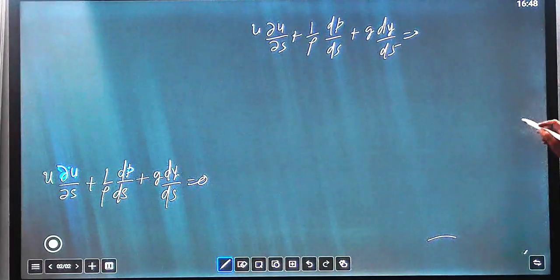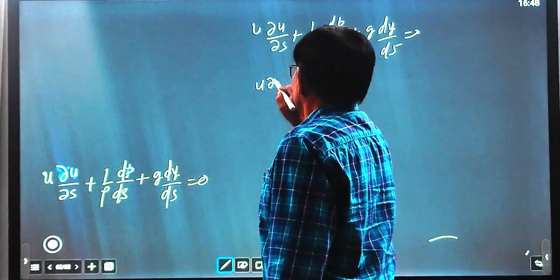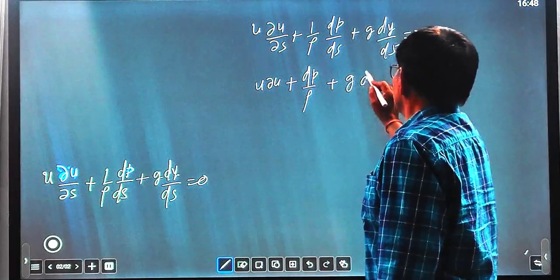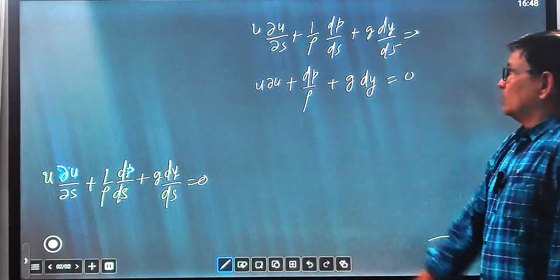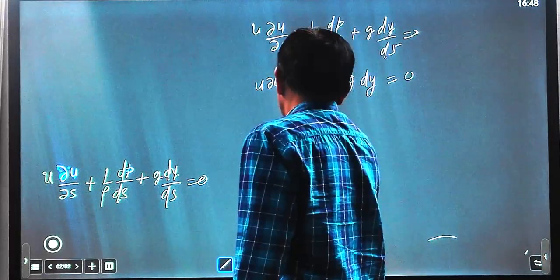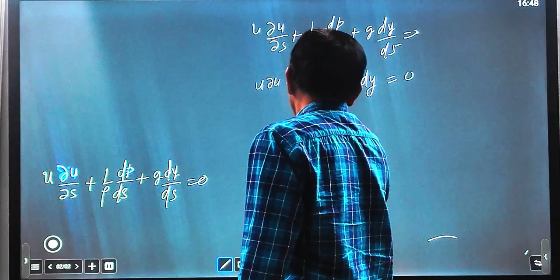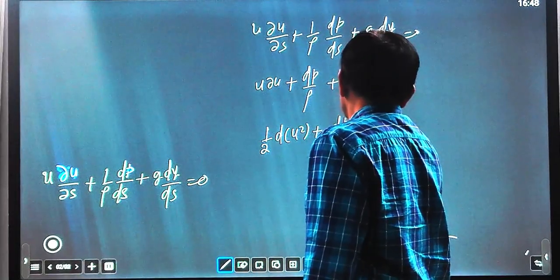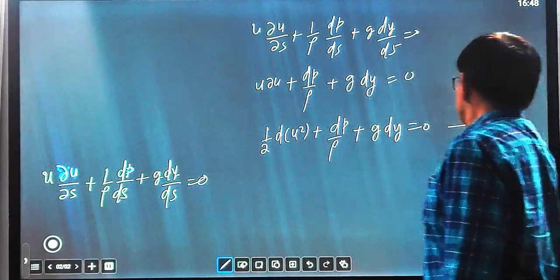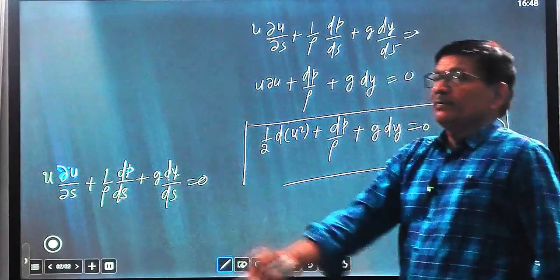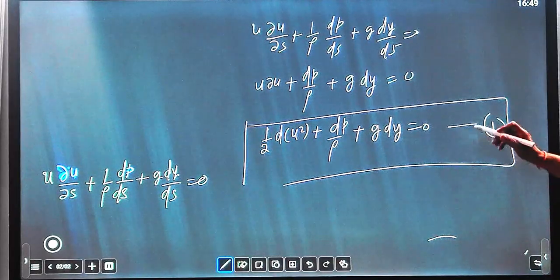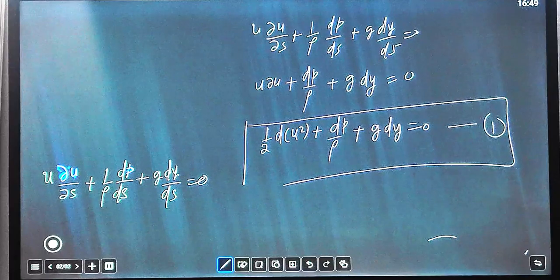So multiplying the whole equation with del s, you get u del u plus dp over rho plus g dy equal to 0. This you can further write as 1 by 2 d u square plus dp by rho plus g dy equal to 0. This is the final equation of the one-dimensional fluid element motion, of cylindrical kind, but the fluid is an ideal fluid, no viscosity present.